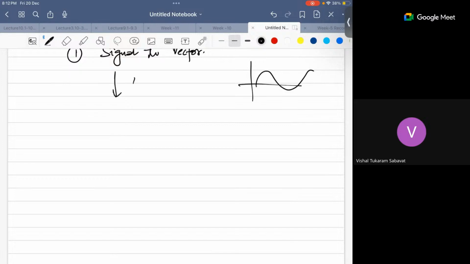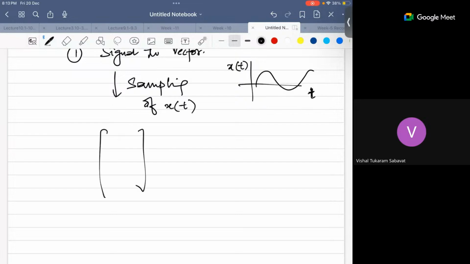If we do sampling of any signal, where the independent variable will be t and the dependent will be x(t), we can convert this into the form of a vector.